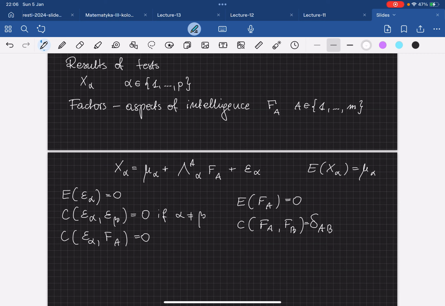this number mu_alpha associated to each x_alpha. Usually, especially when those test results are measured on different scales, before performing the analysis, we standardize them.